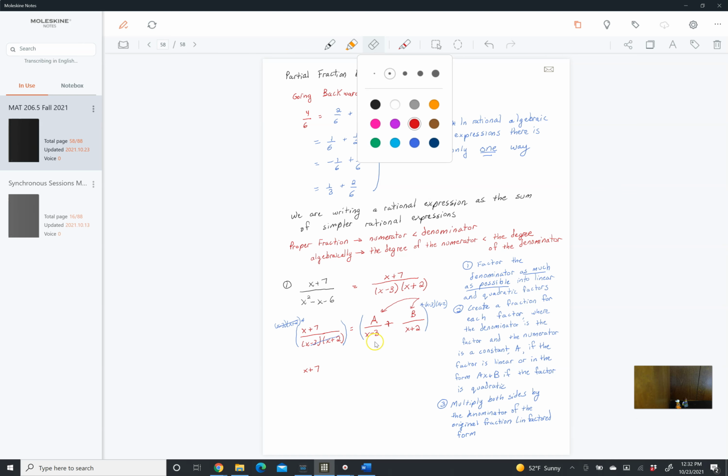For this first fraction, the x minus 3 will cancel, and all we're left with is a times x plus 2. And then for this one, the x plus 2 cancels. So all we're left with is b times x minus 3. Your next step is to solve for the constants.